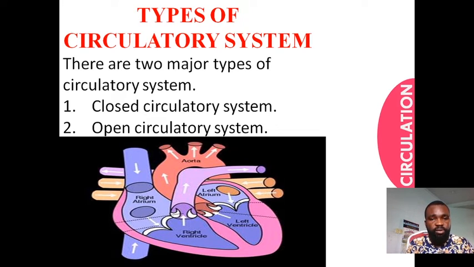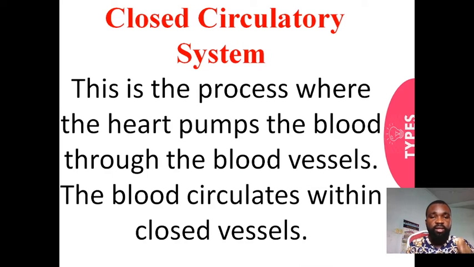Now, open circulatory system and closed circulatory system. Let's look at it. This is the process where the heart pumps the blood through the blood vessels. The blood circulates within closed vessels.